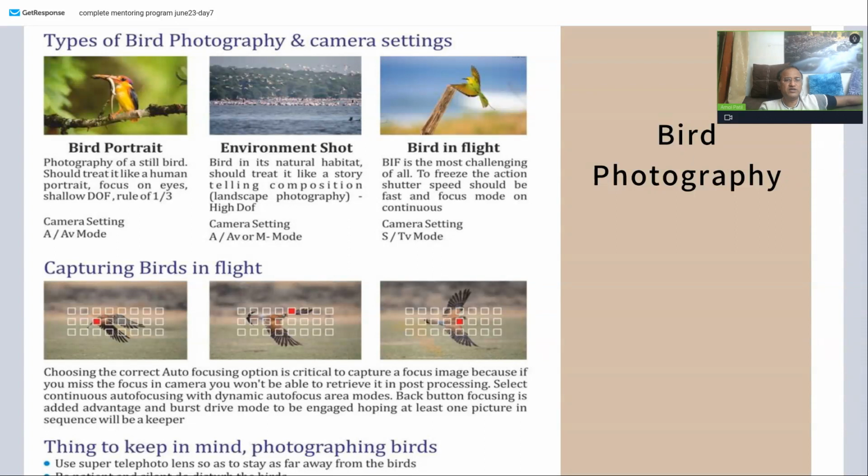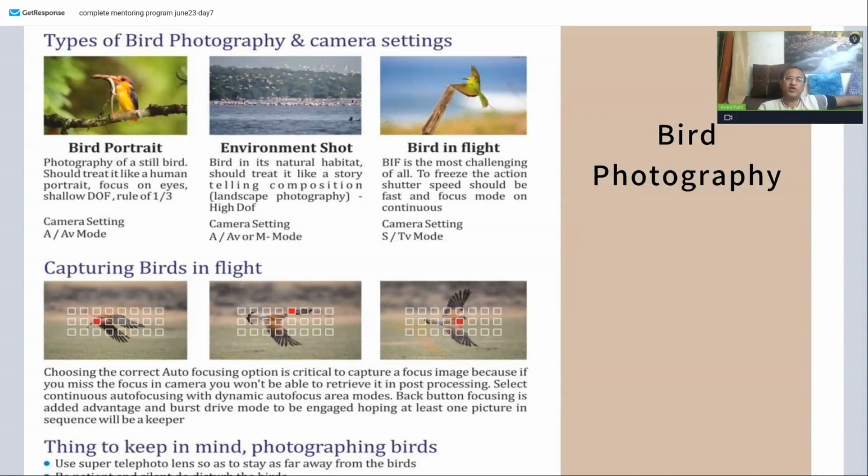Environment shot. It is also called a habitat shot. So basically trying to show the bird in its natural habitat. It could be a grassland bird, it could be a wader, it could be a forest bird. See, every bird has its own natural habitat.